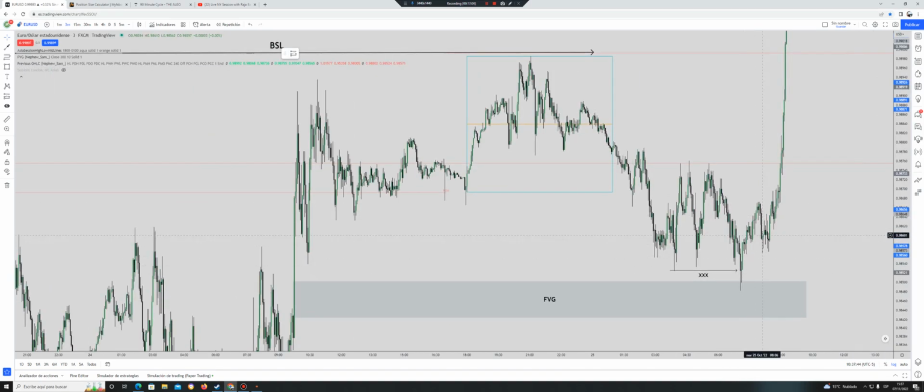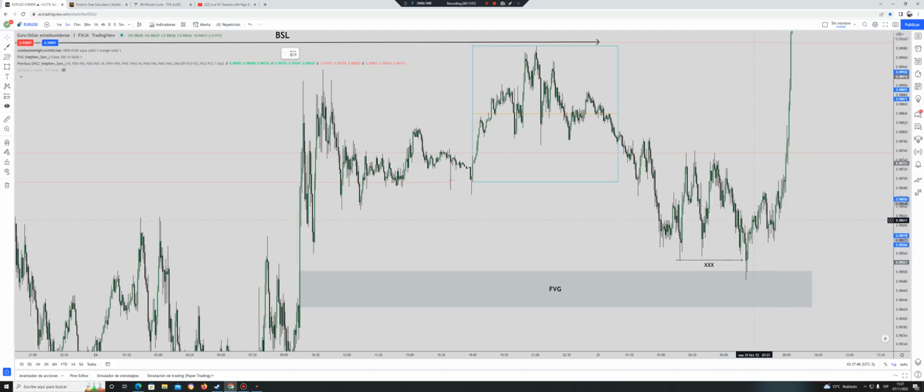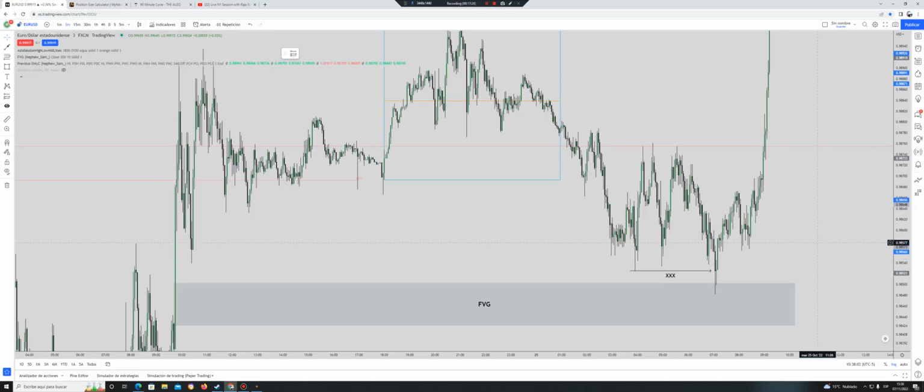Now you just wait for a confirmation, and like I always tell you, like I told you before, you wait for the first 30 minutes of the hourly candle to give you information. So look at the information this gives.